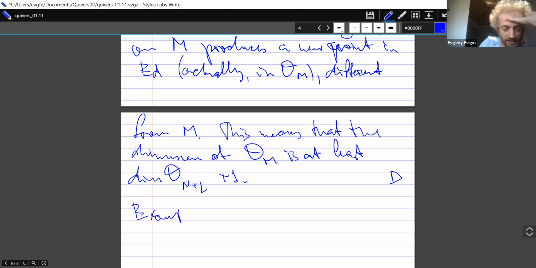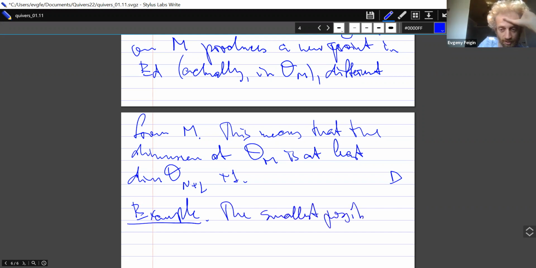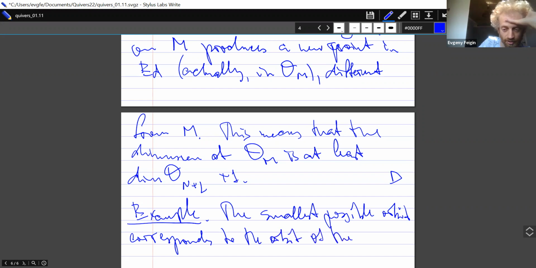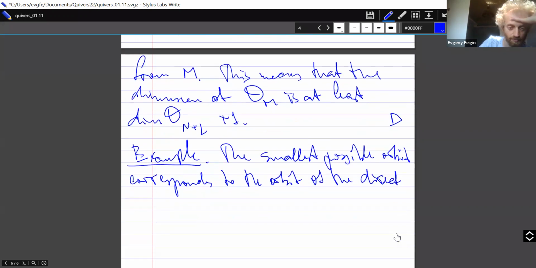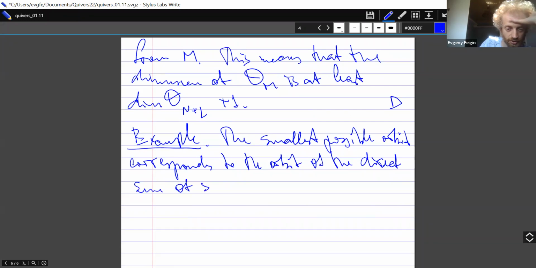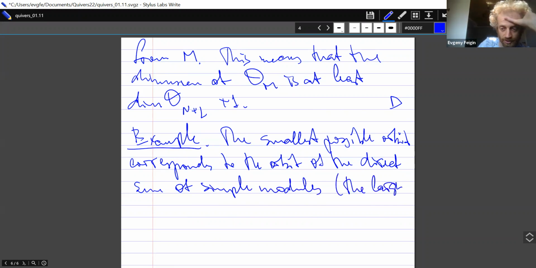Okay, so once again, the example which is compatible with this lemma is that the smallest possible orbit corresponds to the orbit of a direct sum of simple modules. So it's the largest possible direct sum possible.